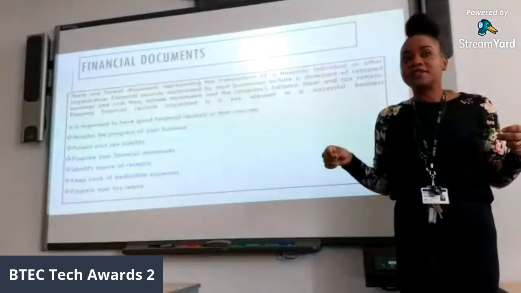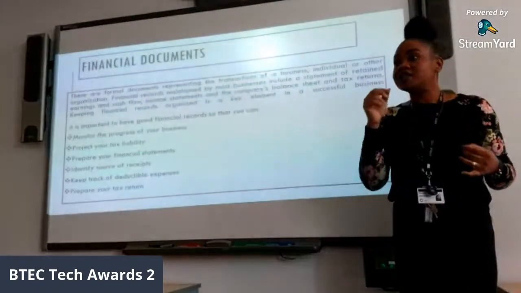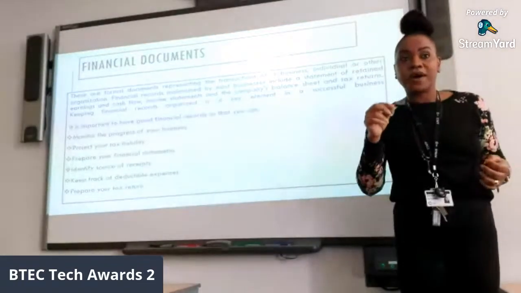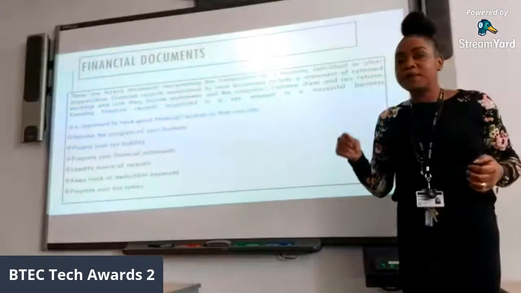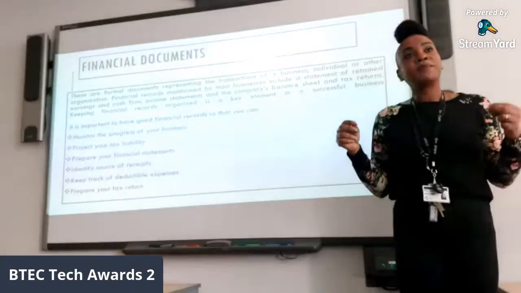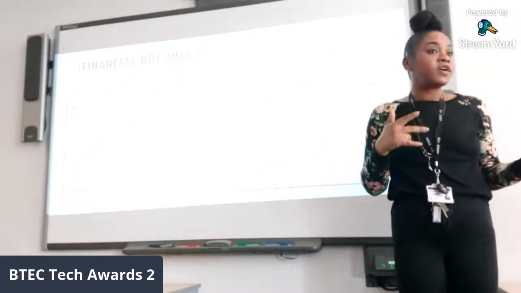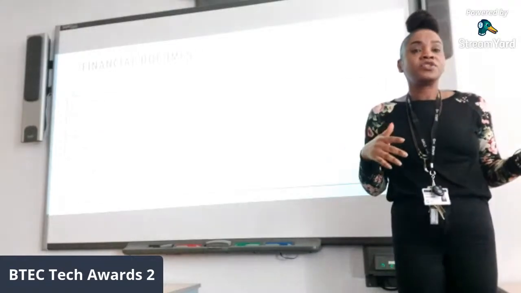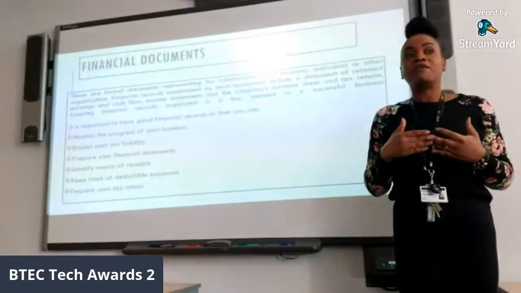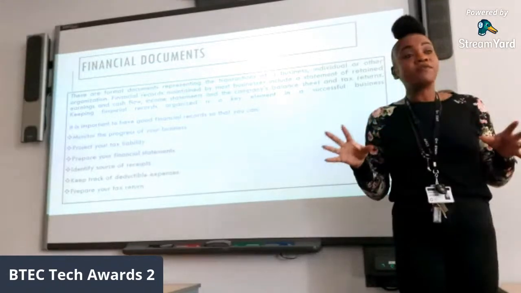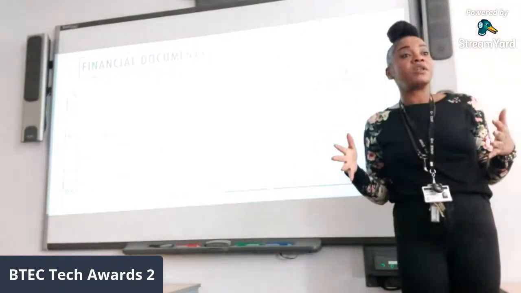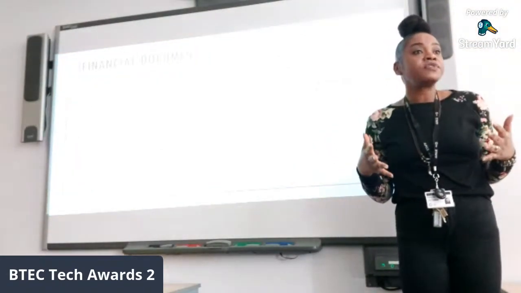So they lost a lot of sales because they didn't write down who ordered what and when they needed to complete it by. Even people who had paid them before, they took ages to give the customer that product. So financial documents are very important, not just for business, but for your personal life as well.